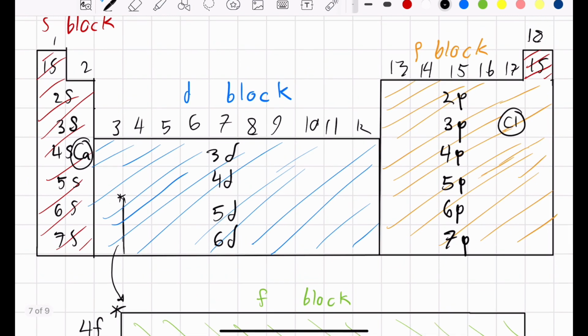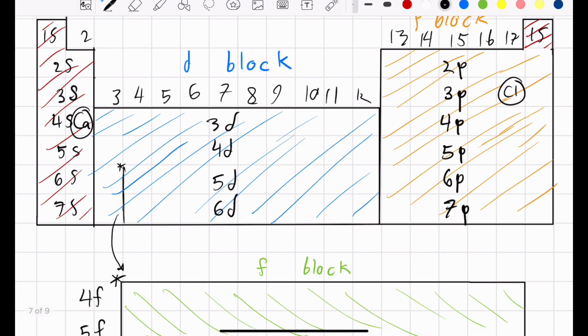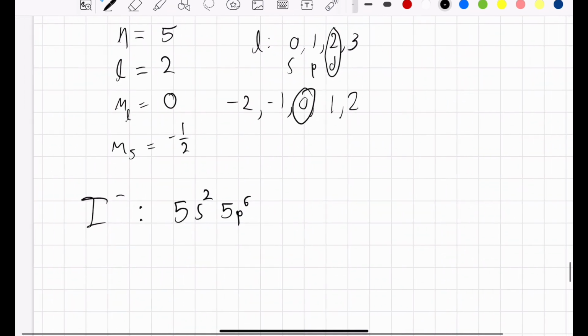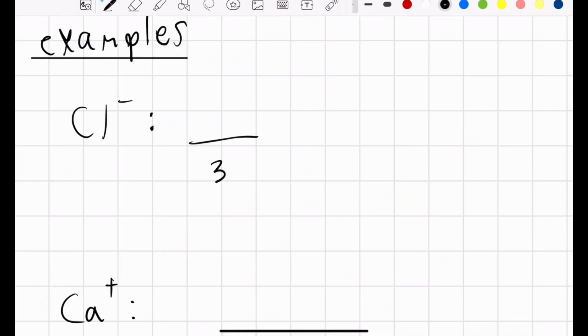So we're just going to start with the valence shell, which is going to be the n equals 3 subshells, so these two, because we know everything before that's going to be full. So we're just going to look at the 3s. We know that's full, and we're going to also look at 3p6. That's also full because it's an anion, and it gained an electron to obtain a noble gas configuration.